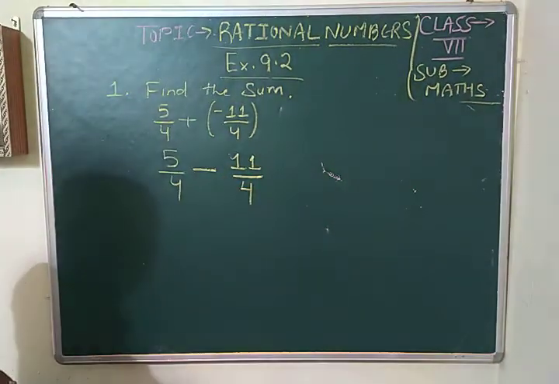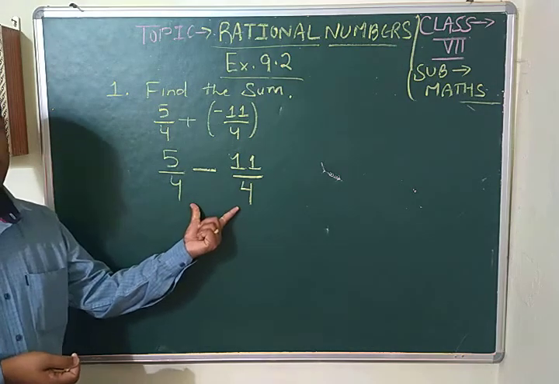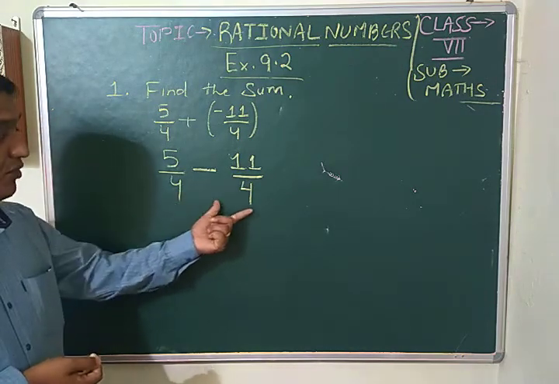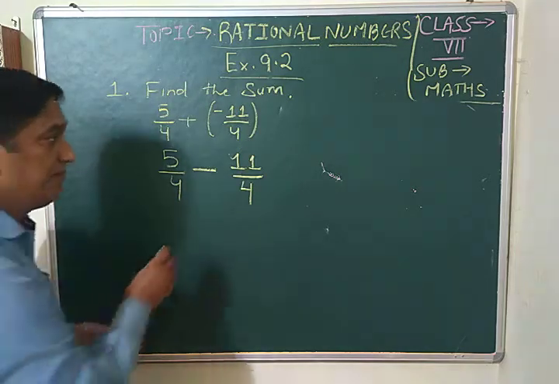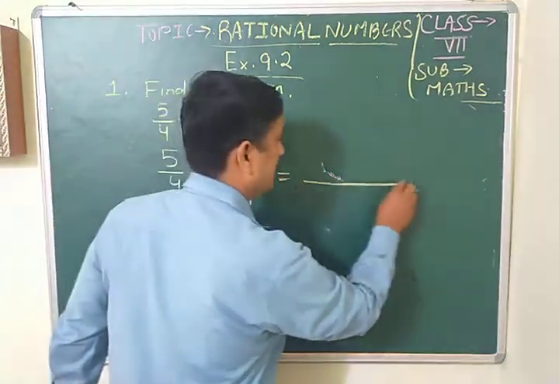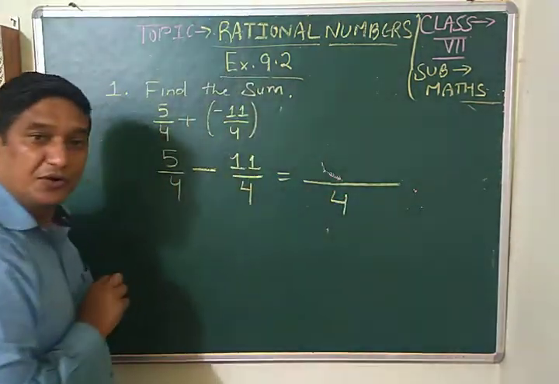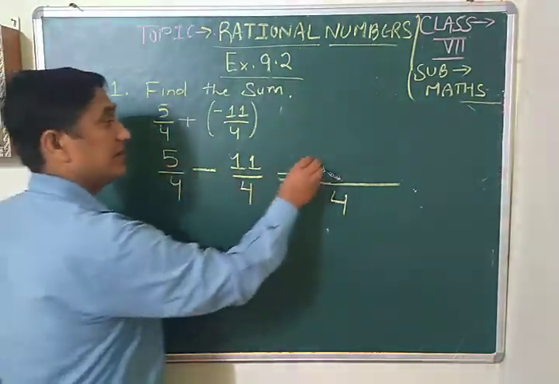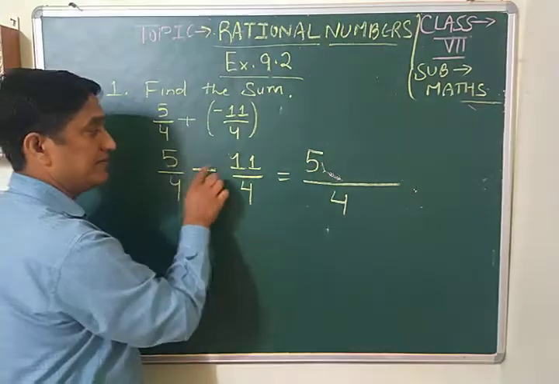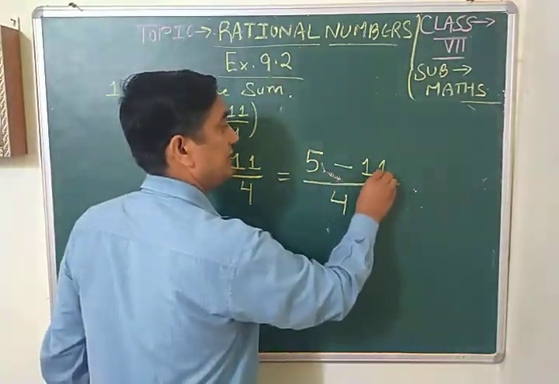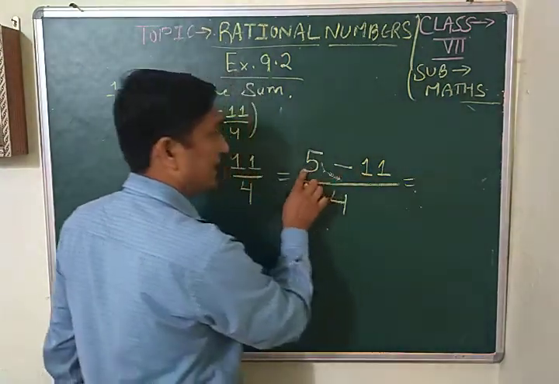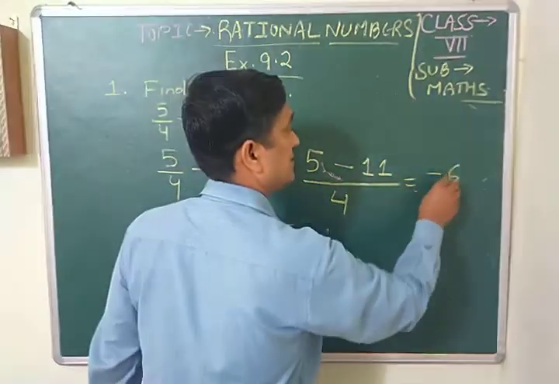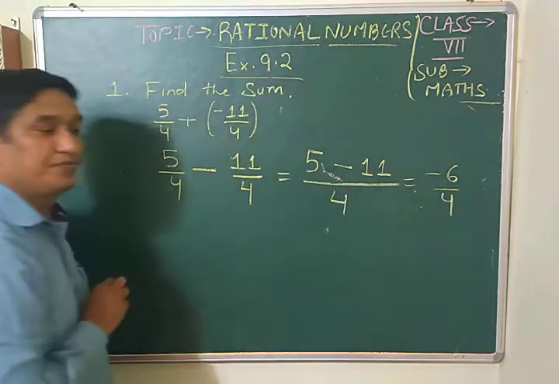Now children, check the denominators. Here the denominators are 4, 4. We have the same denominator. If the denominator is the same, we write the denominator once, that is 4, and 5 minus 11 is minus 6 upon 4.